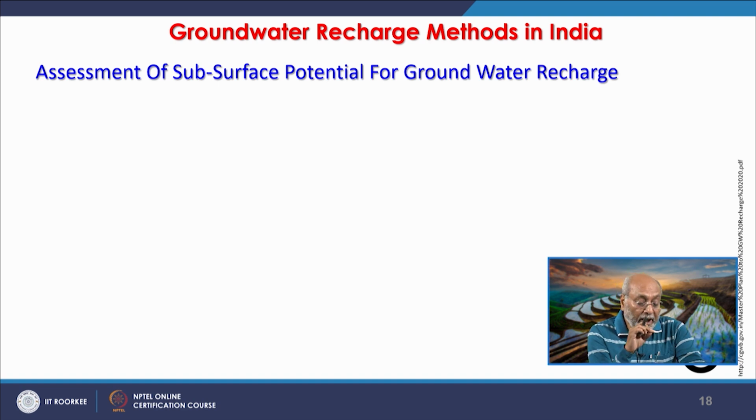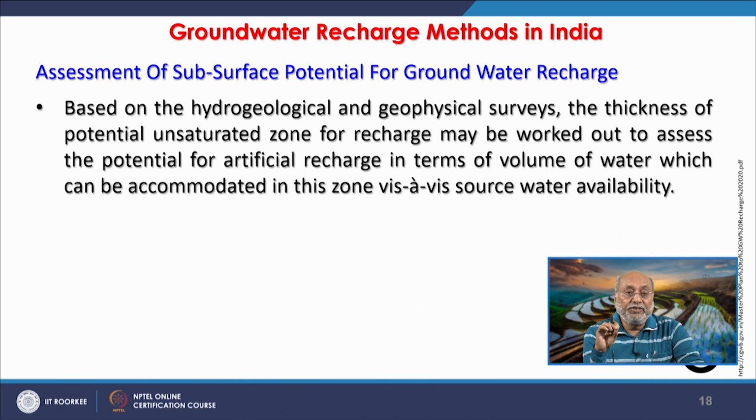Finally we come to the assessment of subsurface potential for groundwater recharge, which we have to assess before a site is decided for a recharge structure. Based on the several studies we have discussed, like hydrogeological, hydrometeorological and geophysical studies, the thickness of the potential unsaturated zone for recharge may be worked out.